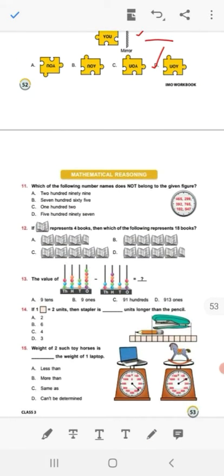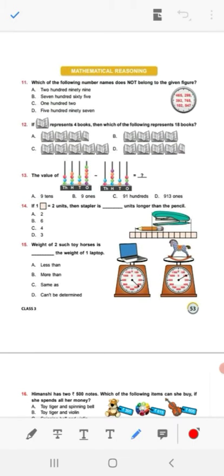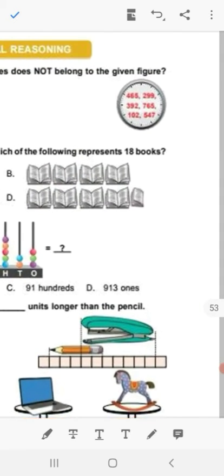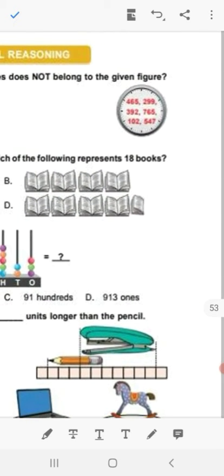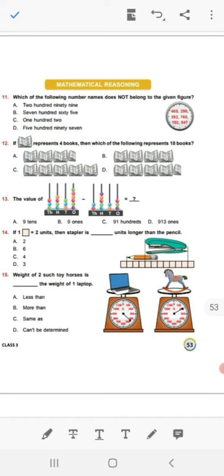Now come to the next section, that is mathematical reasoning. Question number 11. Which of the following number names does not belong to the given figure? In the given figure, certain numbers are given in digit form, and in the options there are numbers given in word form. So see the option A, 299.